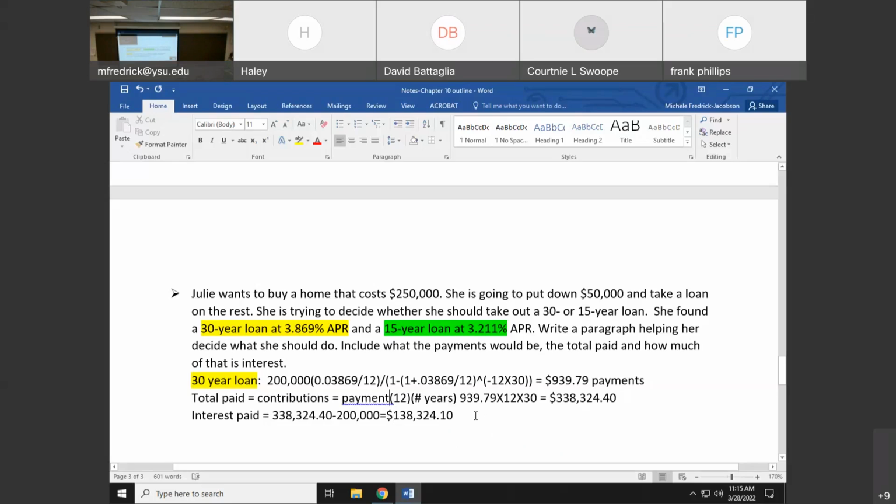Any questions on that? Okay, let's find out the 15-year loan. Do we think it'll be higher payments? Could be. Will the interest be about the same? No. One, because the interest rate is lower, but also you're only paying it for 15 years instead of 30. Big difference.